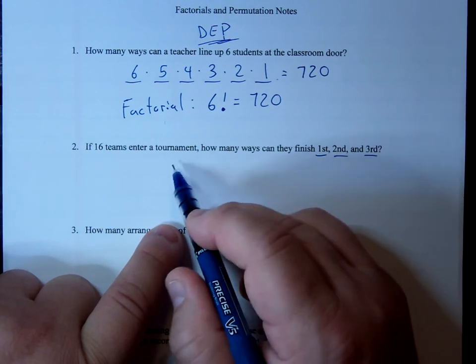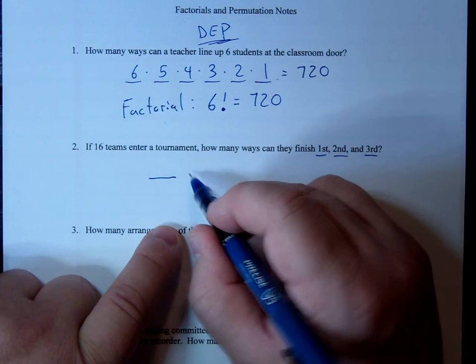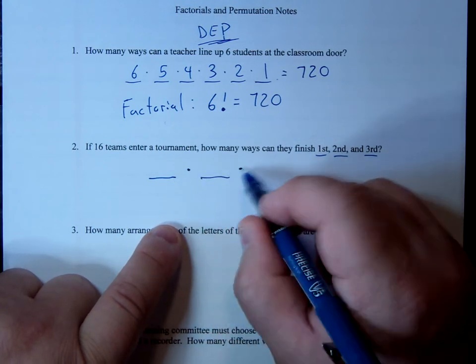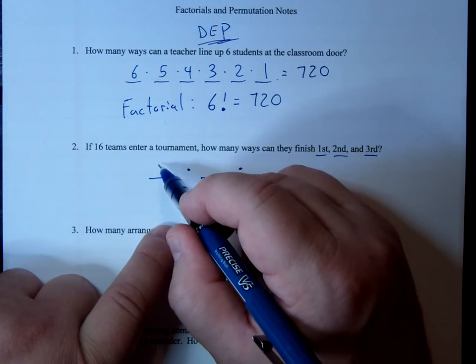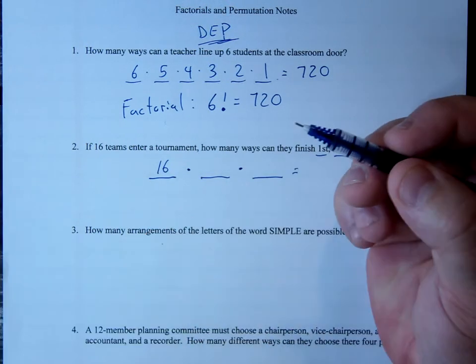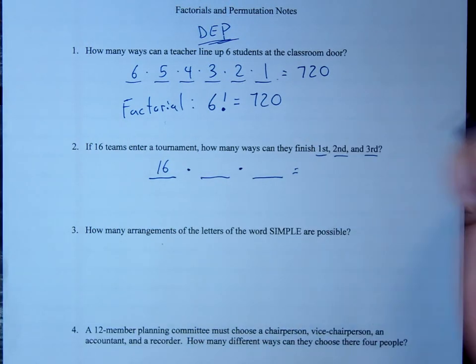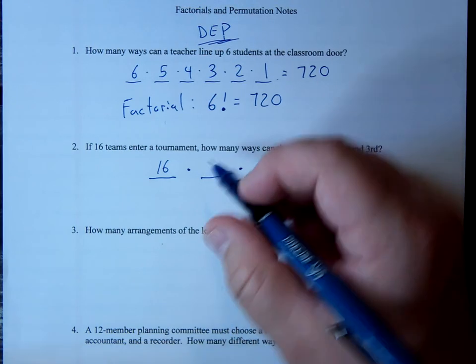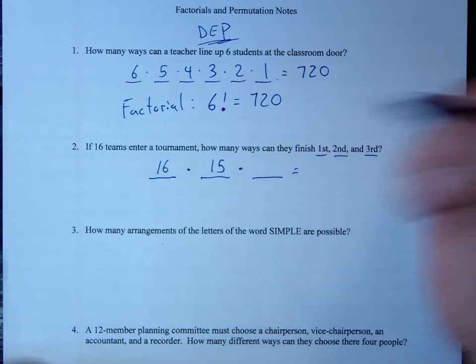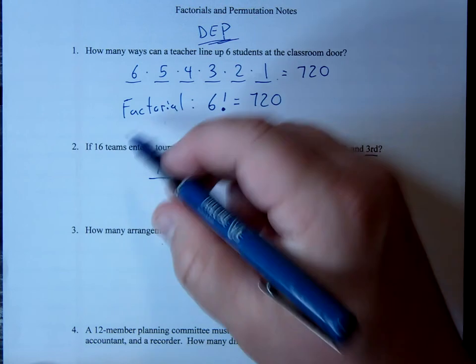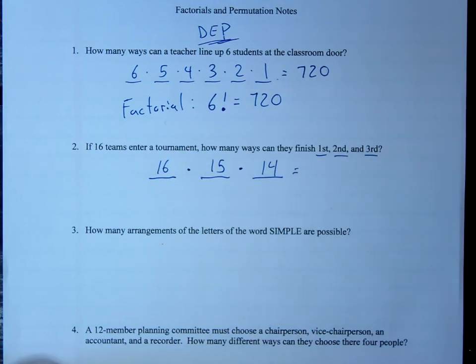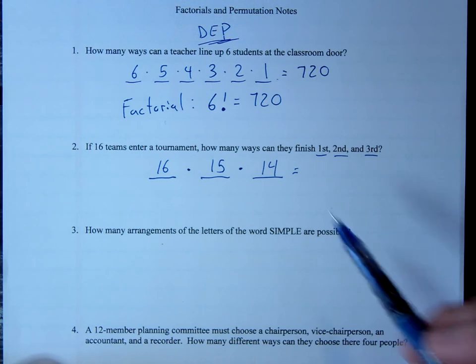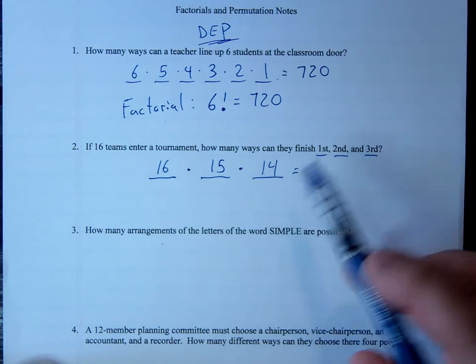Again, it's a dependent situation because whoever finishes first can't finish second or third. So that would be 16 choices for first place. Then you'd have 15, and then you would have 14. 16 times 15 times 14, done.